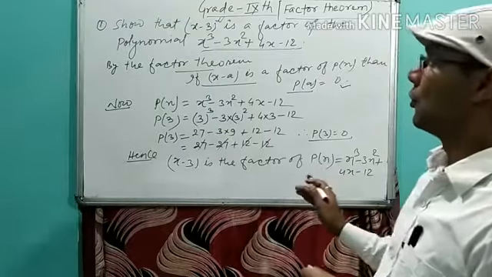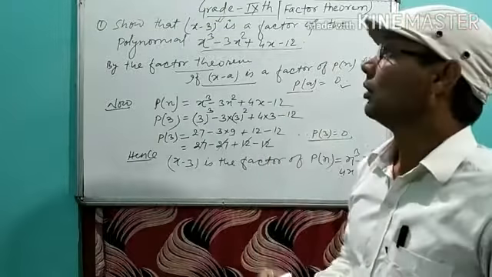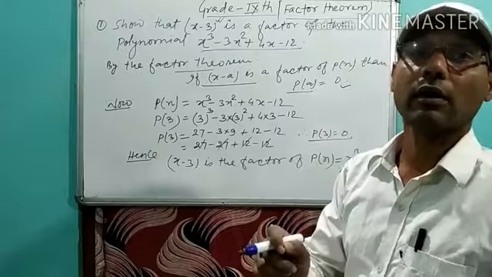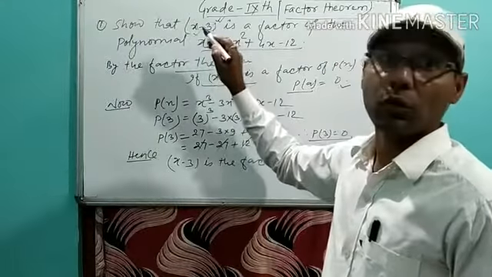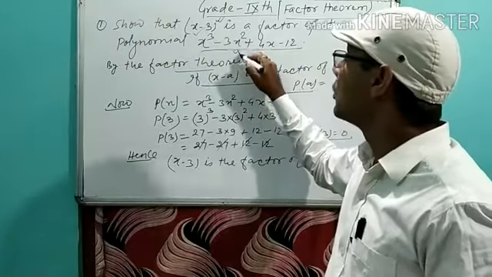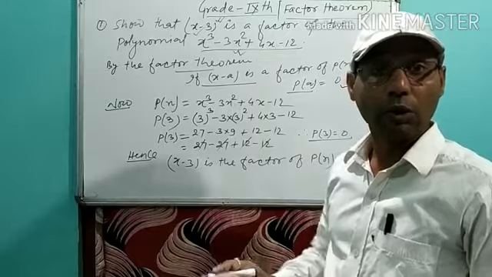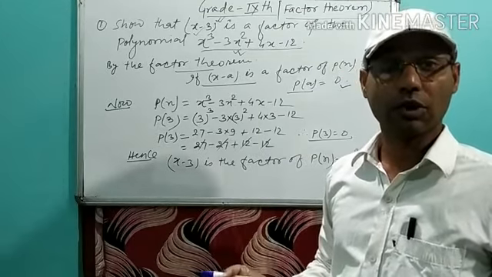If the remainder comes 0, then this polynomial divides the other polynomial without leaving a constant remainder.